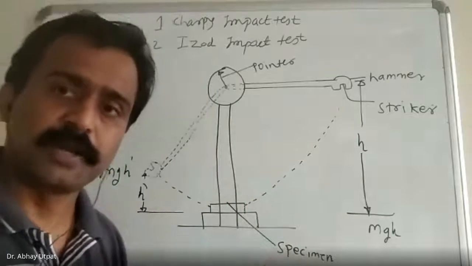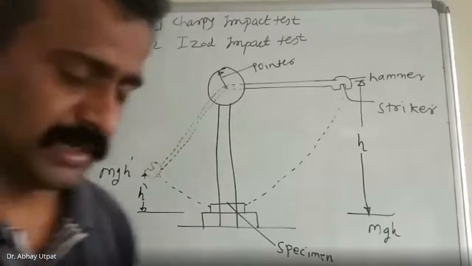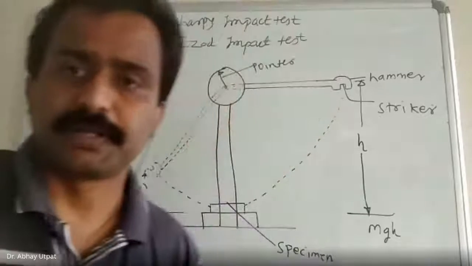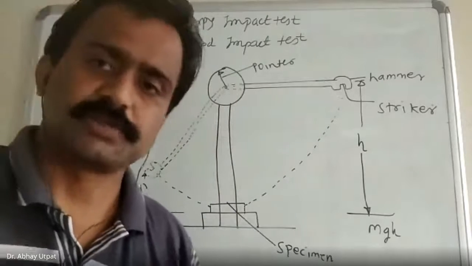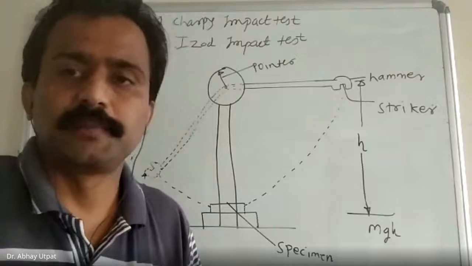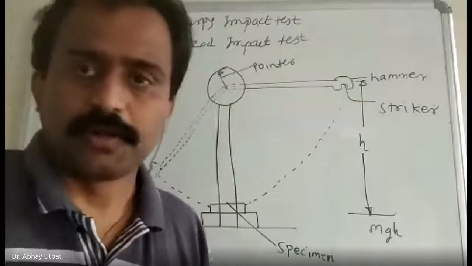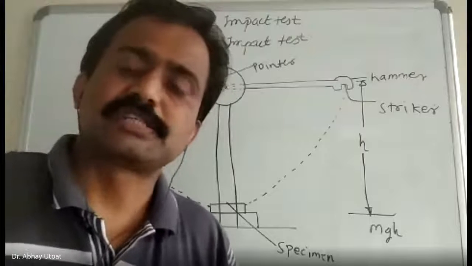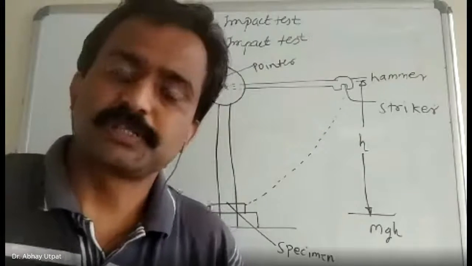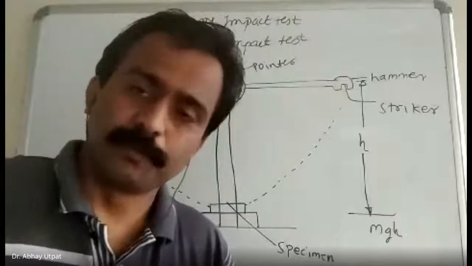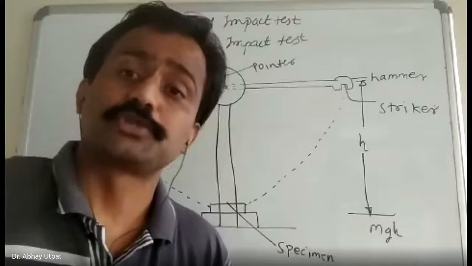So, a question may be asked in the exam: what is an impact test? Explain Charpy and Izod impact test. Or, many times it was asked, differentiate clearly between Charpy impact test and Izod impact test. Or, draw a neat sketch of specimens of Charpy and Izod impact test with their positions.